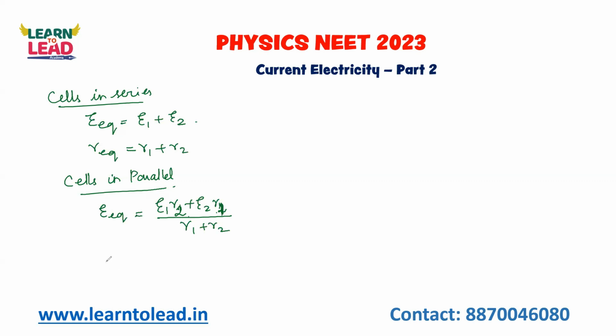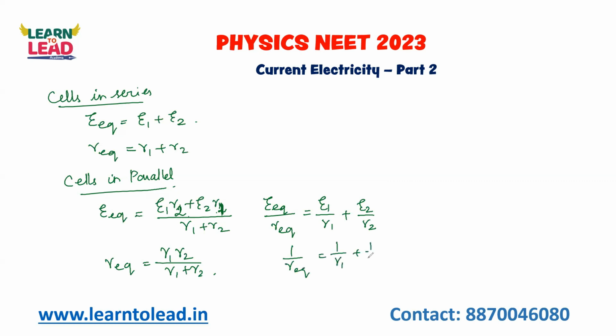Similarly, R equivalent in the parallel condition will be R1 into R2 divided by R1 plus R2. In simple form, you can write it as equivalent EMF by equivalent resistance is equal to EMF 1 by R1 plus EMF 2 by R2. Similarly, 1 by R equivalent is equal to 1 by R1 plus 1 by R2. Do you understand this?